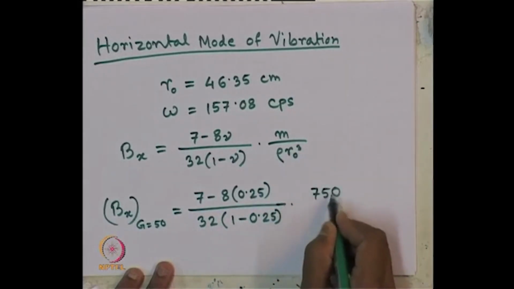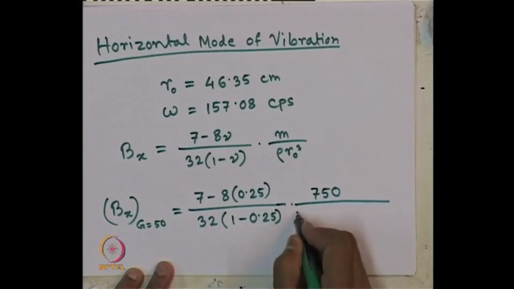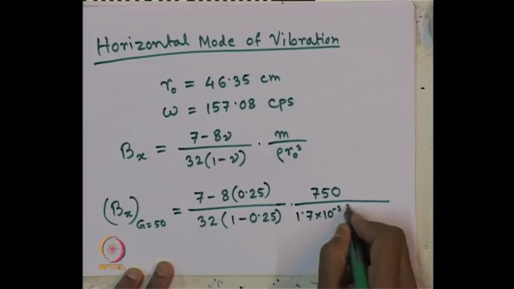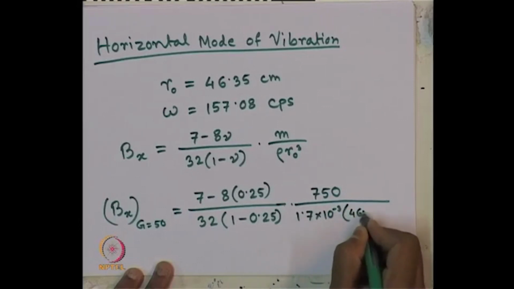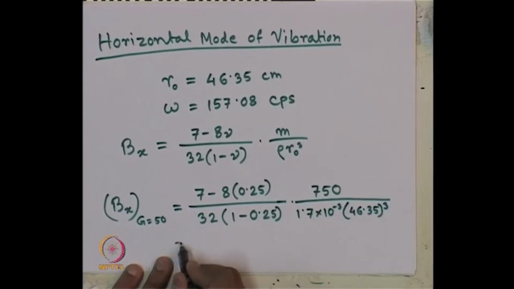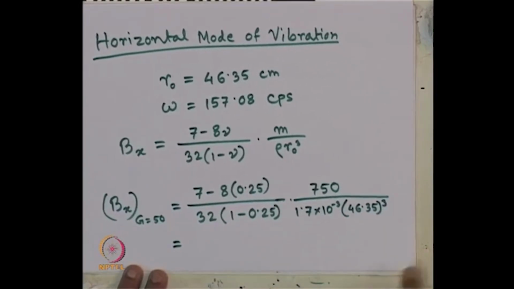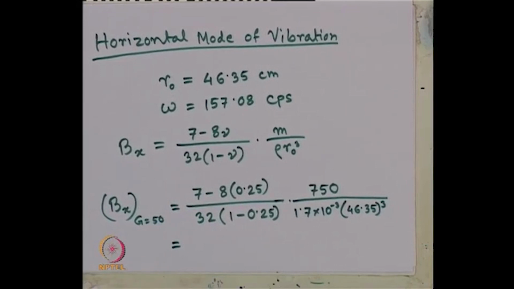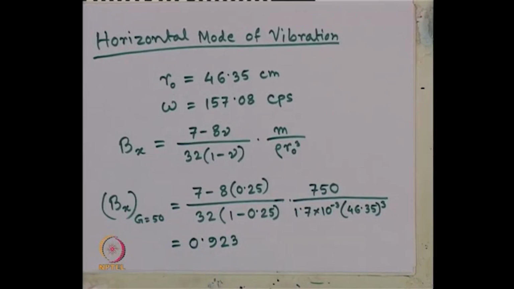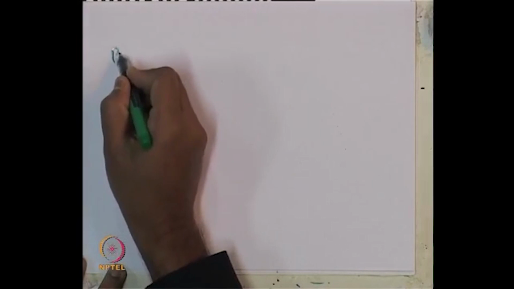W is total 750 kg force and gamma is 1.7 into 10 to the minus 3 kg force per centimeter cube, and this is 46.35 centimeter cube. So, it will finally give us the non-dimensional mass ratio value. How much is it coming? Let us calculate. It is coming 0.923. Am I right?